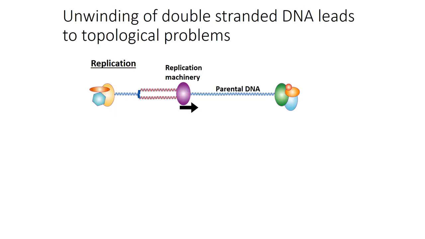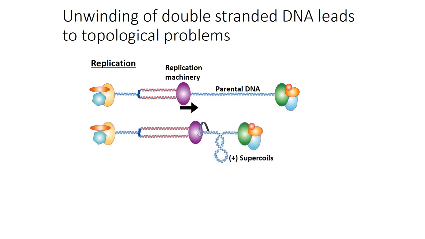It doesn't matter in what type of cell you are. You can have a prokaryotic cell, you can have a eukaryotic cell. The DNA will not freely float around in the room. So it will be anchored somewhere, somehow. So when the replication machinery pulls forward, what it will do is it will create supercoils in front of it.